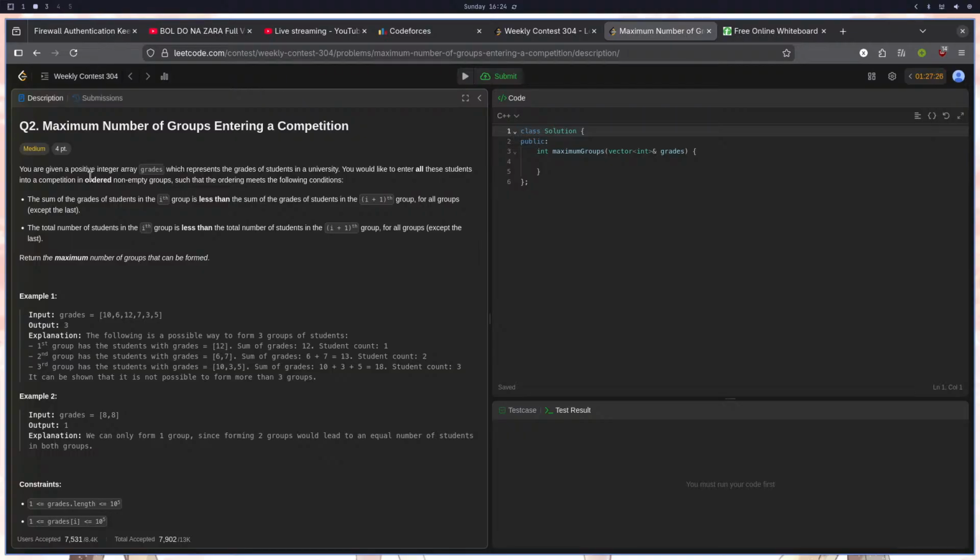Because after sorting, we can form only one group and then form two groups. Achha ji. But for all groups except the last, right, so 8 and 8, why can't we? The third group student grade, the sum of the grades is 18.